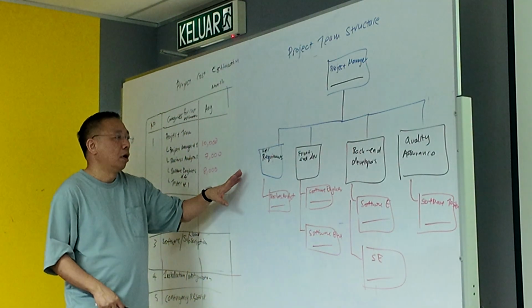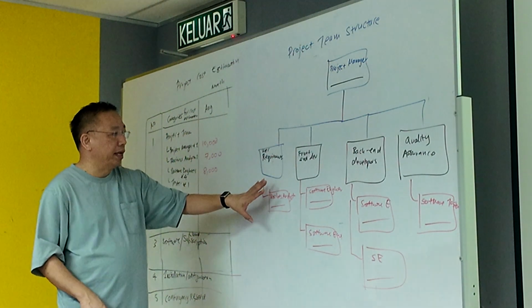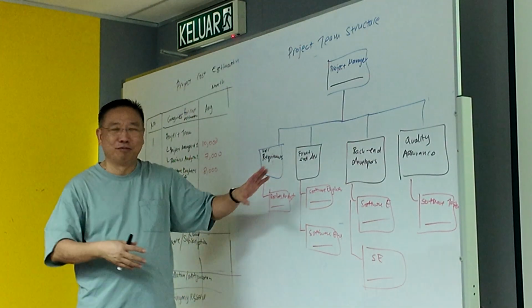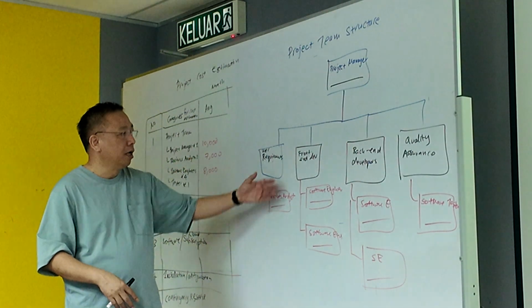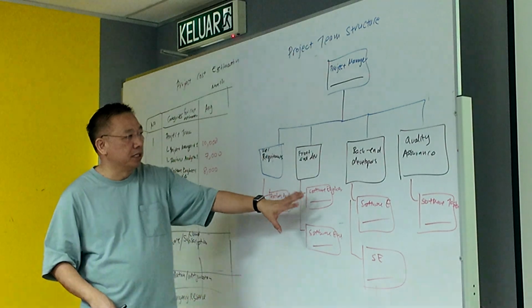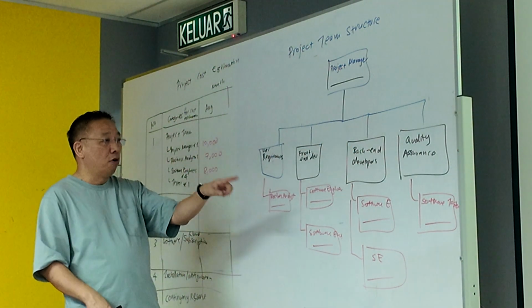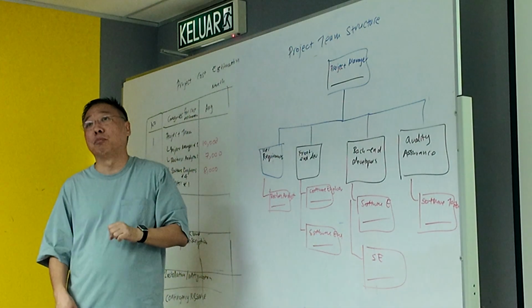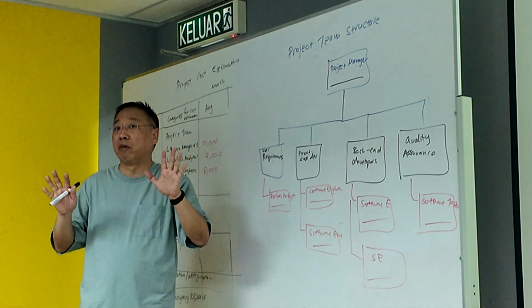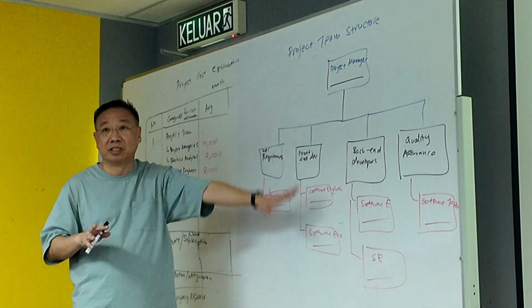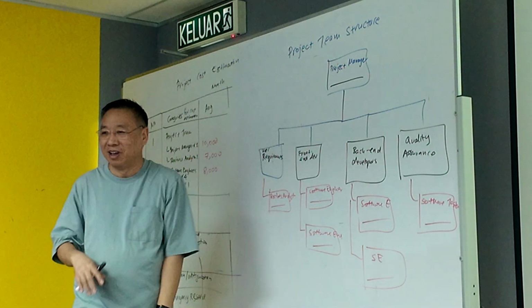And for the user requirements team, we only have 1 head count. We use the word head count instead of number of people. One person. Front-end development team, I have 2 persons. Back-end, I have 2. And quality assurance, I have 1, for a total of how many? 4, 5, 6, 7 people in the entire project team. That's all you need to do, write a small paragraph, okay, to describe this, to accompany your diagram.